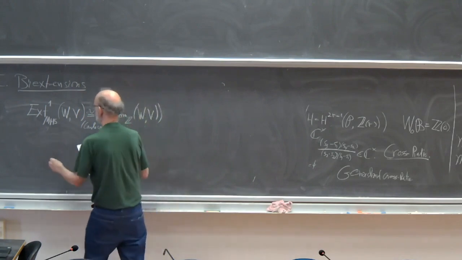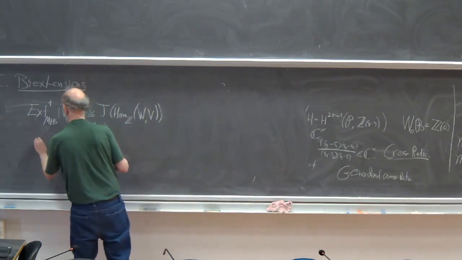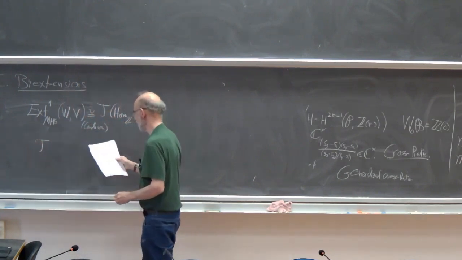So here the Jacobian of a Hodge structure. What's the Jacobian of a Hodge structure?